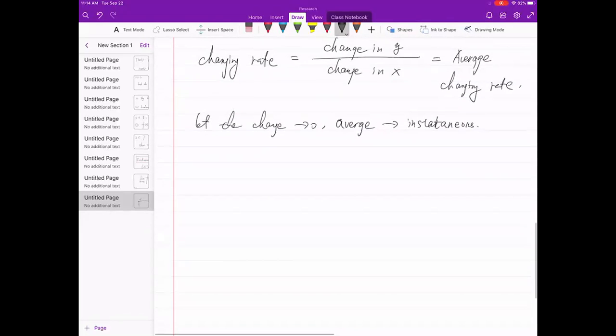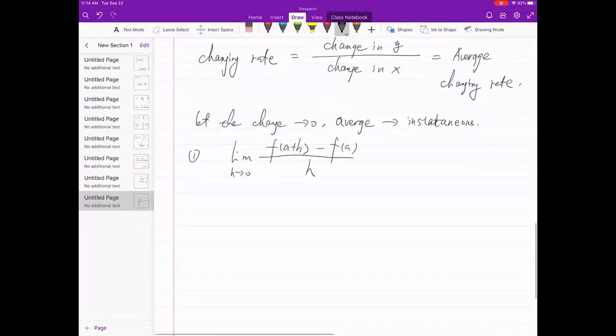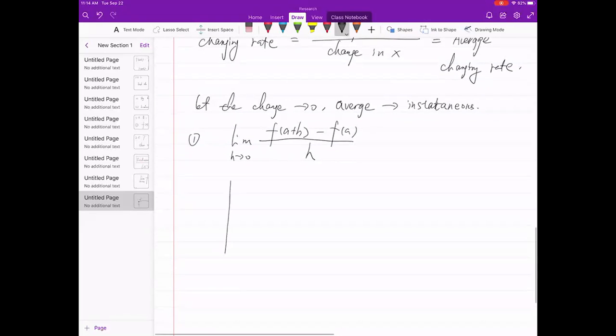That's our principle from the beginning. To put words into a formula, this is what we got for the changing rate. It corresponds to a graph, which basically means you went from a to a plus h. Your graph changed from here to this height.